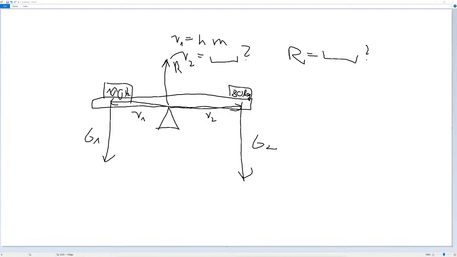I think it's a very easy example that can be part of test 2 or the exam also.